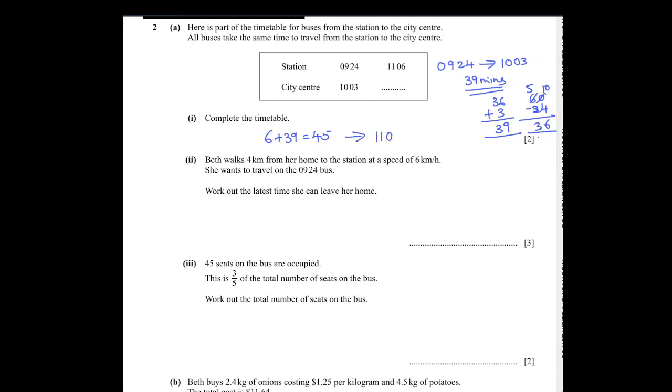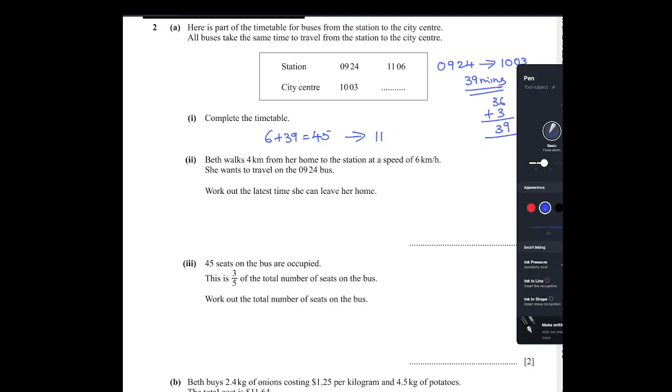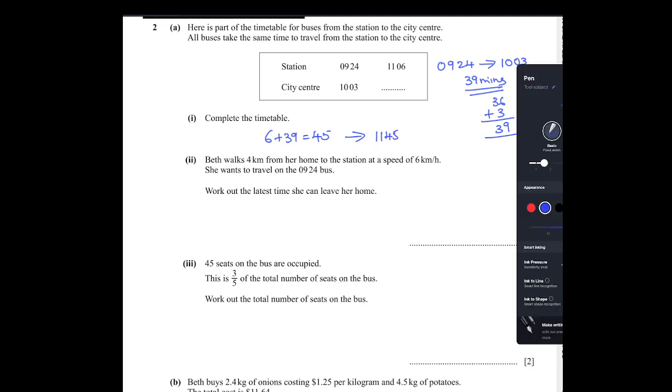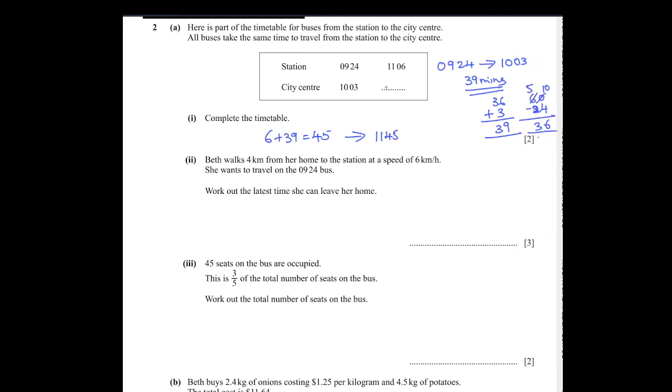Sorry, 11:45 is the final time to reach the city center. This is the answer.